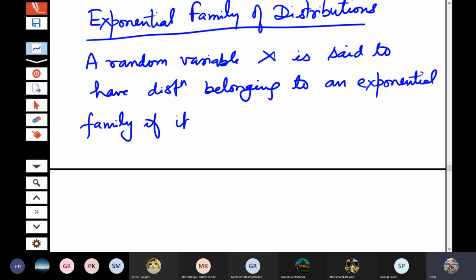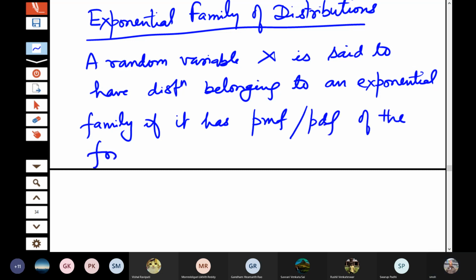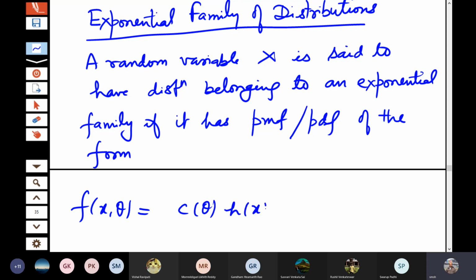If it has PMF or PDF of the form C(θ) h(x) e to the power q(θ) t(x).